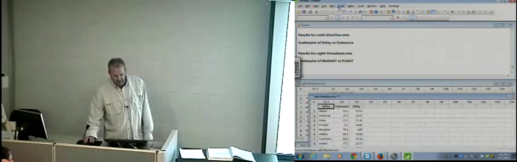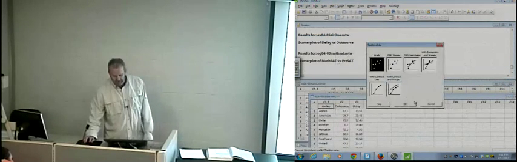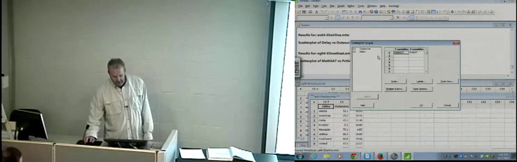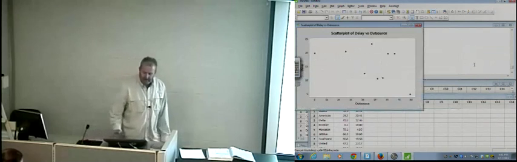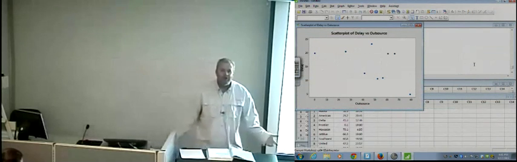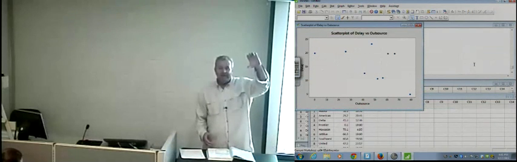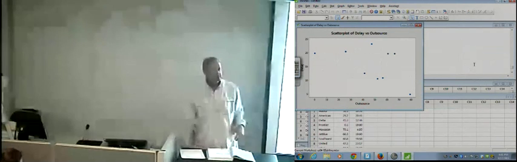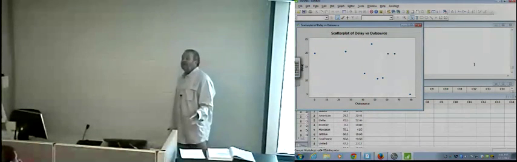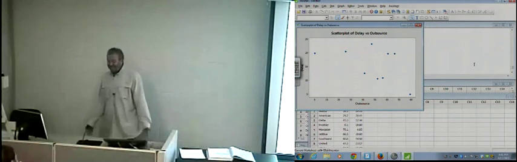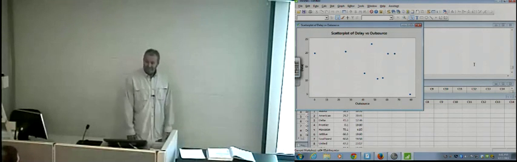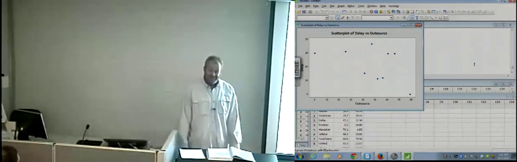So I want to make the graph again just to show it to you. Delay is the Y, outsource is the X. Anybody see a negative association? Now, things aren't perfect here, right? This is real life data. Do we see like we're going that direction now? I see a little negative association there. What's the form? How linear does it look to you folks?